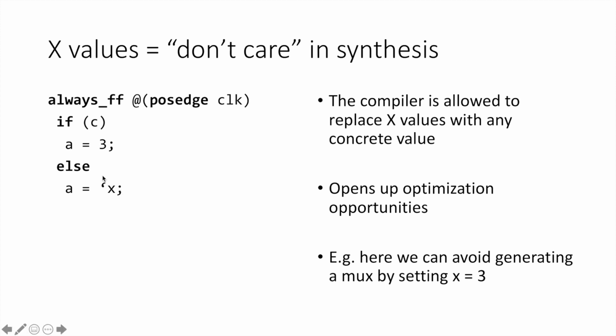Here we have one X assignment in the false branch. And if the synthesizer would replace this X value with 3, we could replace this whole if branch with just an assignment saying that A is equal to 3. And that would allow us to not generate any muxes for this if statement, which is quite nice.